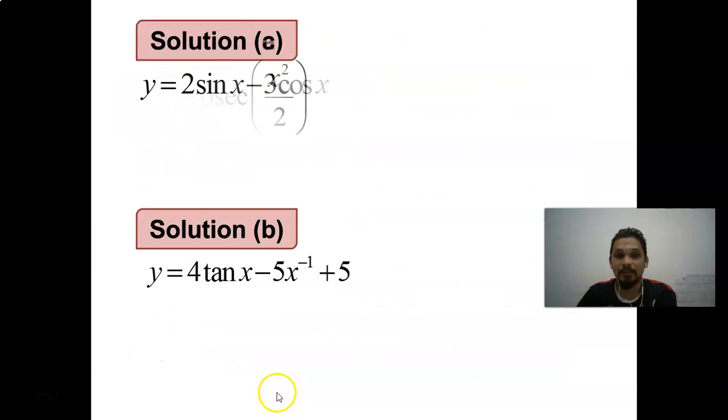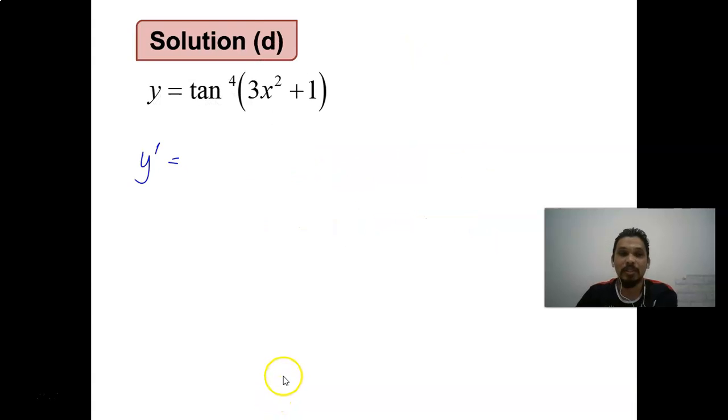Now, for this question, meaning power of 4, this will be the first thing that we're going to look at. And then tangent, the second part, and 3x squared plus 1, the third part here.